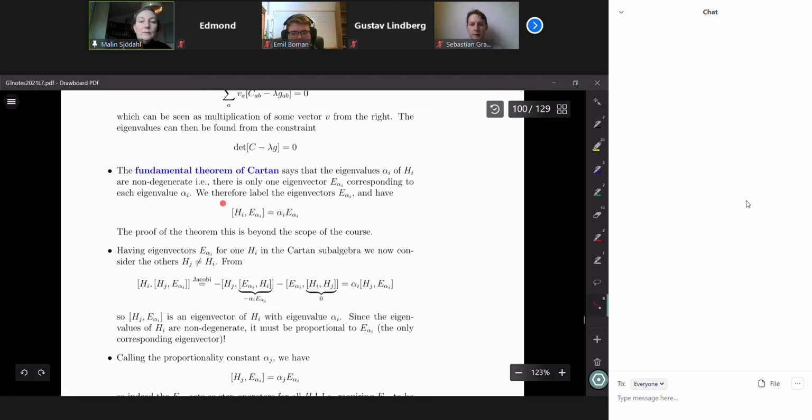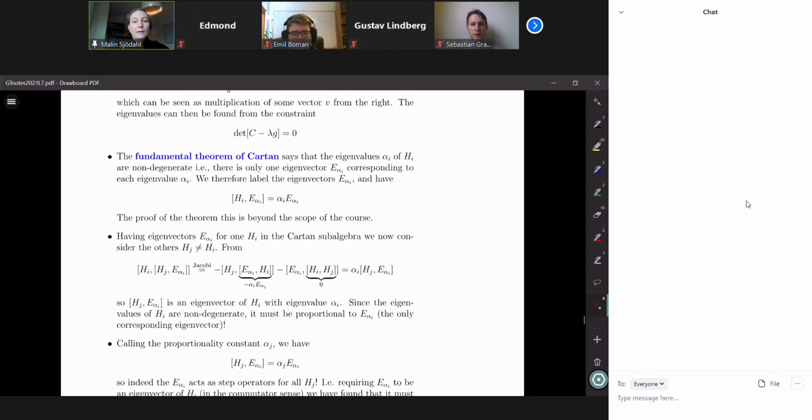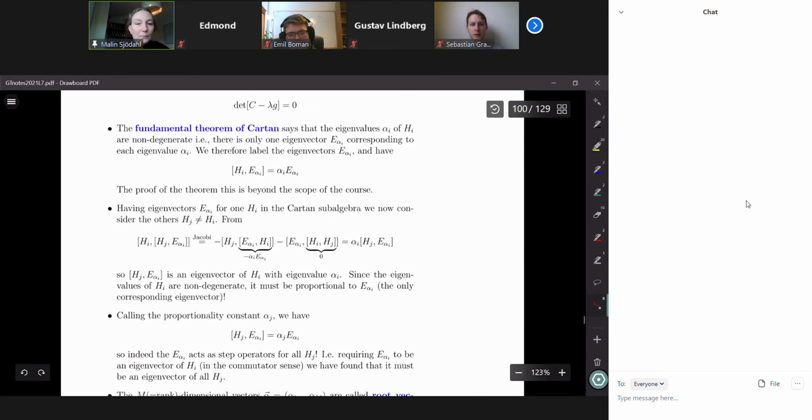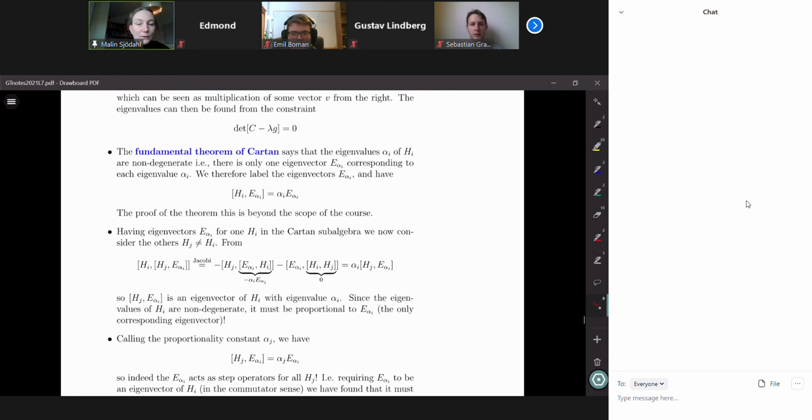So we have H_I commuted with E_alpha_I is alpha_I E_alpha_I. Again, the proof of the theorem is beyond the scope of the course, so I rather give some overview of what exists than digging into this or that detail.